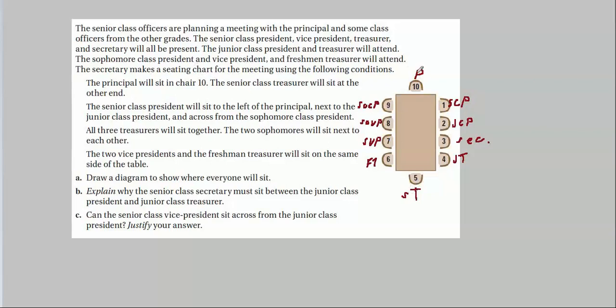Well, the principal is sitting there, I guess he'd be facing that way, unless they turn around their seats, but I'm going to assume that everybody's facing inward towards the table, and that'll put the senior class president right here on the principal's left, next to the junior class president. Well, there's only 2 seats next to any given seat. This one's already taken, so that means the junior class president has to be right there.